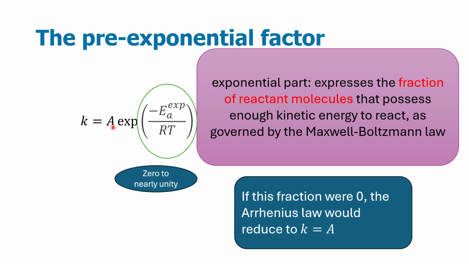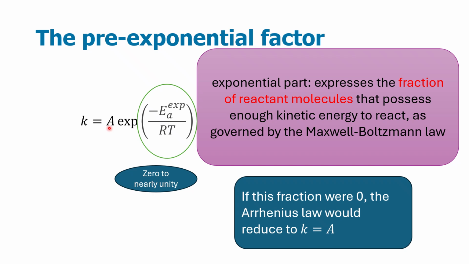Recall that the exponential part of the Arrhenius equation expresses the fraction of reactant molecules that possess enough kinetic energy to react, as governed by the Maxwell-Boltzmann law, and this fraction can run from 0 to nearly unity depending on the magnitude of the activation energy and also the temperature of the reaction.